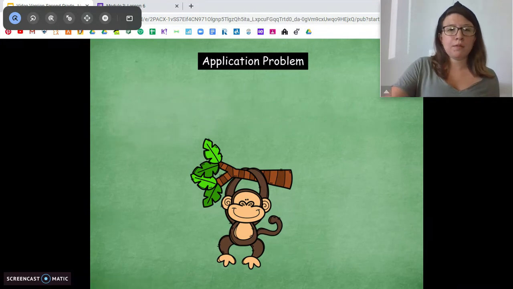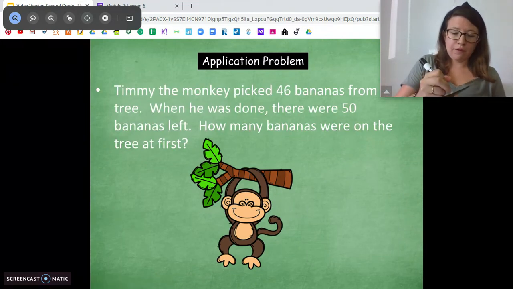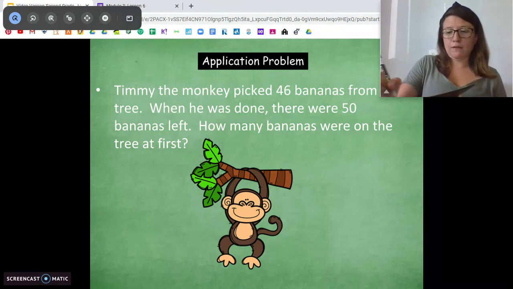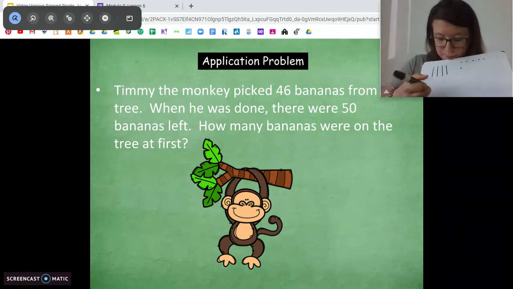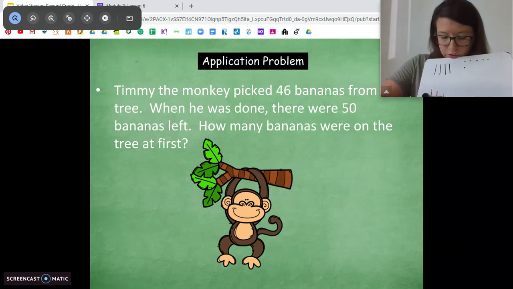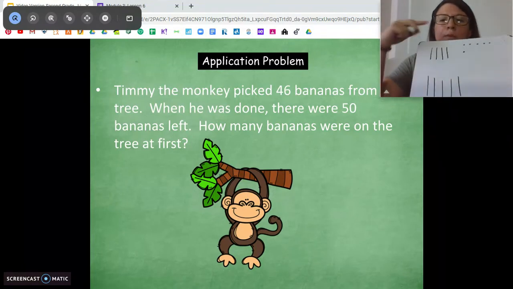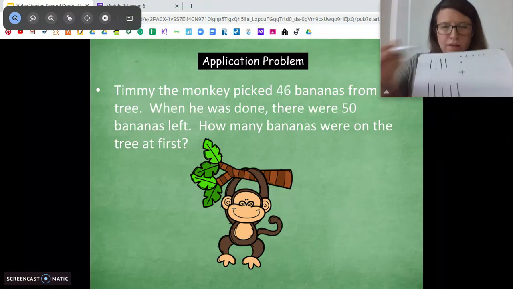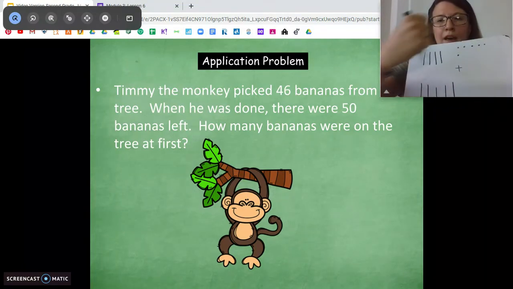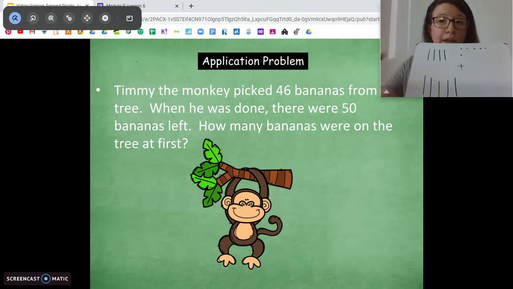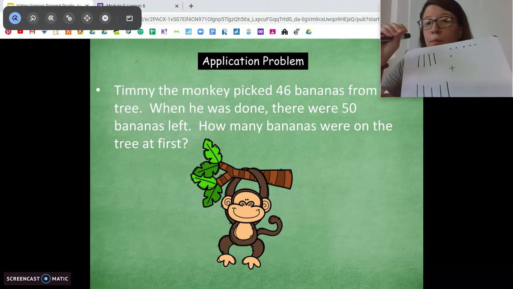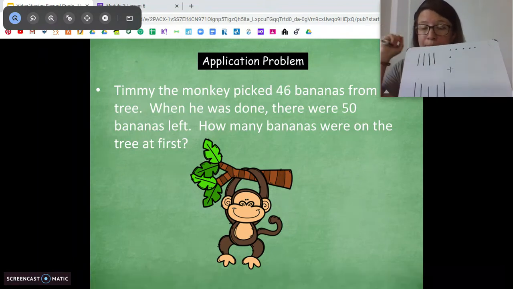So I'm going to draw my 46, 3, 4, 3, 4, 5, 6. There's my 46 plus my 50. 10, 20, 30, 40, 50. So pictures help me kind of add, and I know I'm adding those two together. So I'm going to add all my 10s and add all my 1s and come up with my answer. If you have a different way of doing it, go ahead. Either way, I want you to pause and solve. Come back when you're ready.